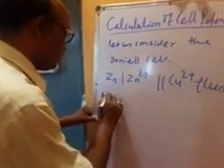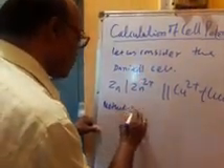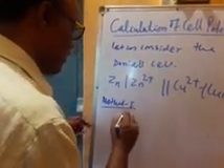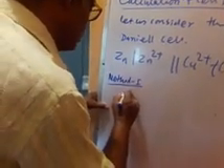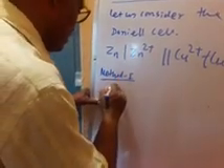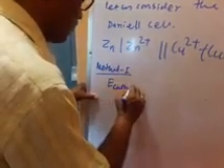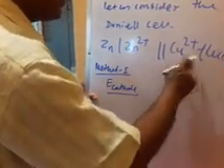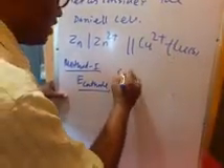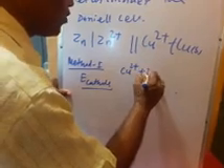Now method 1. First of all, calculate E cathode. Here the cathode is Cu2+ by Cu. So for that you have to write down the equation: Cu2+ plus 2 electrons gives Cu.